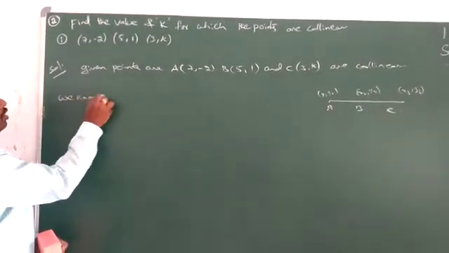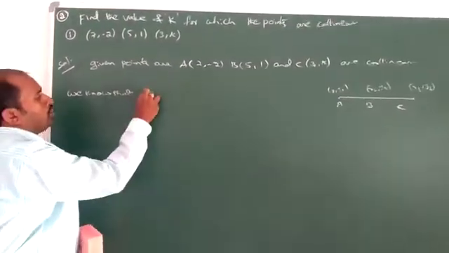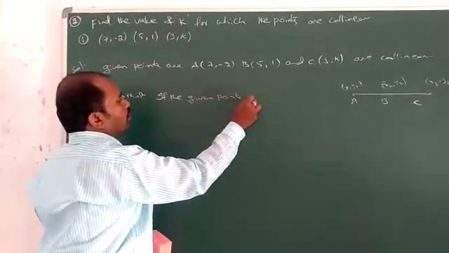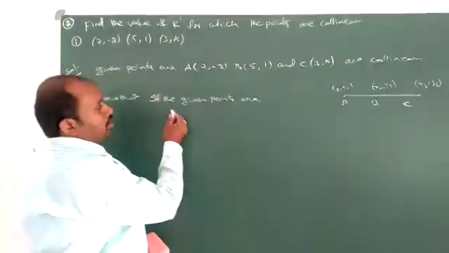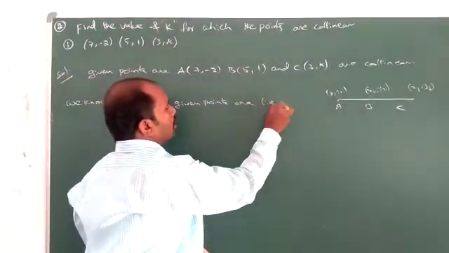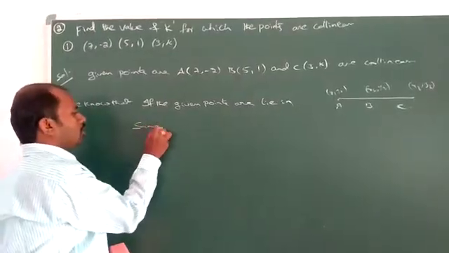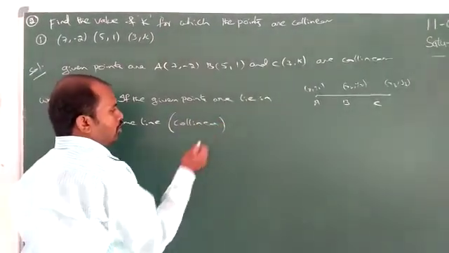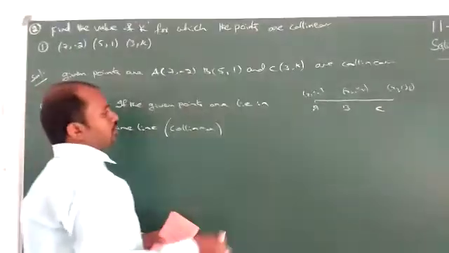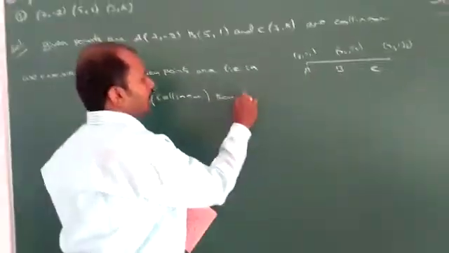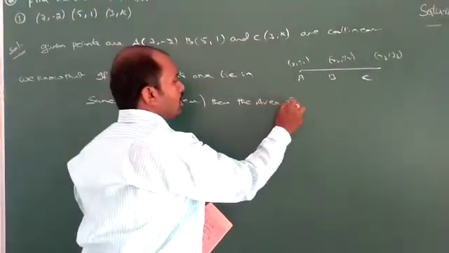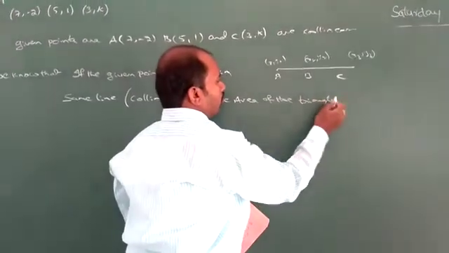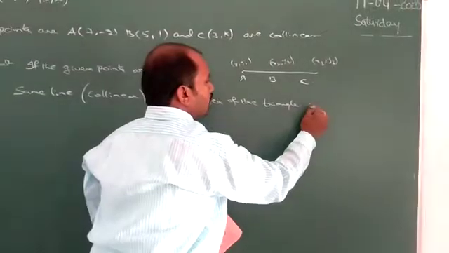We know that if the given points are lying on the same line, that is collinear, then the area of the triangle is 0.